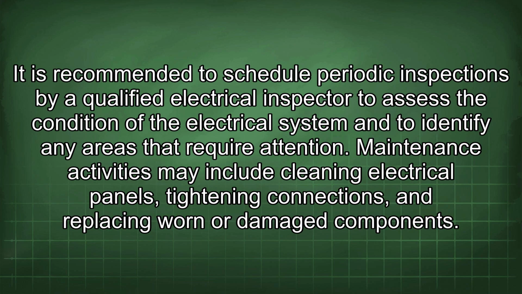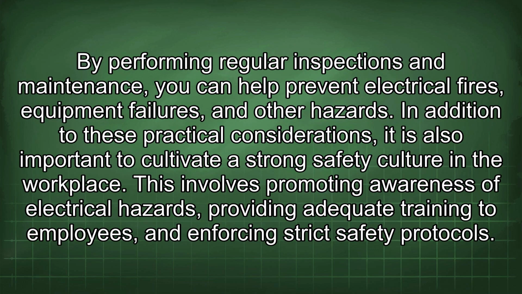It is recommended to schedule periodic inspections by a qualified electrical inspector to assess the condition of the electrical system and to identify any areas that require attention. Maintenance activities may include cleaning electrical panels, tightening connections, and replacing worn or damaged components. By performing regular inspections and maintenance, you can help prevent electrical fires, equipment failures, and other hazards.